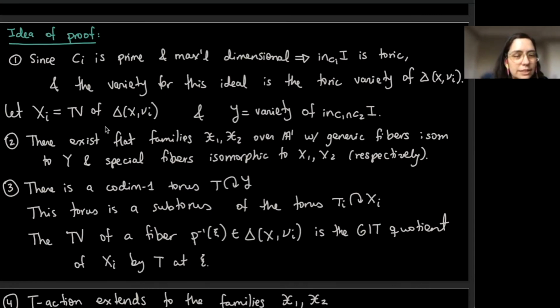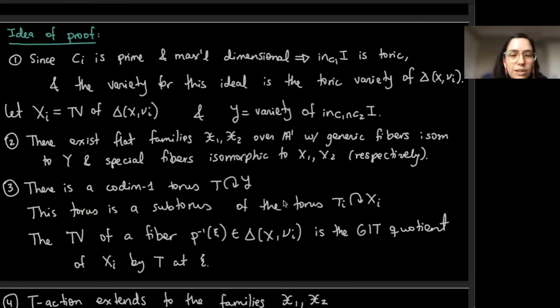Let me introduce some notation. Xi is the toric variety of each of the cones, and Y is the variety of this ideal. This is no longer a toric variety, but it is a variety corresponding to an ideal.